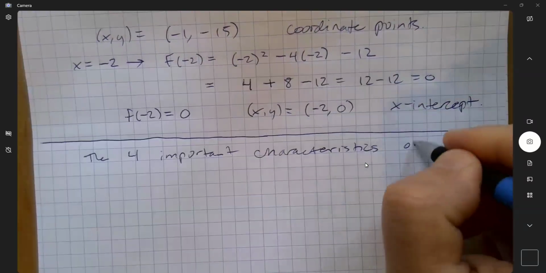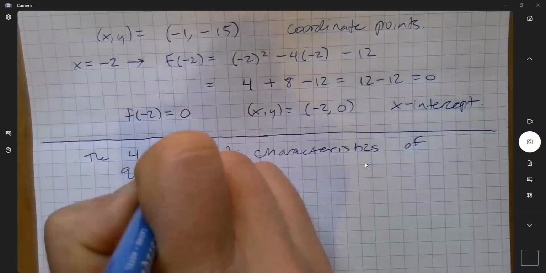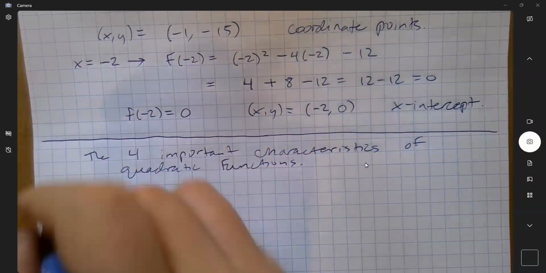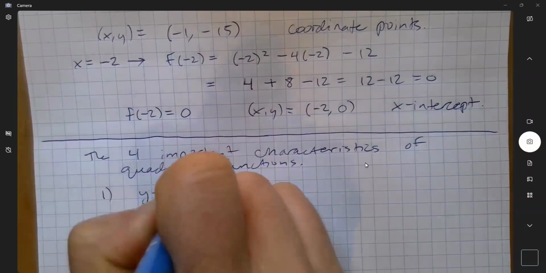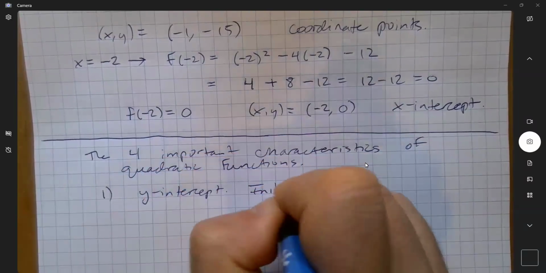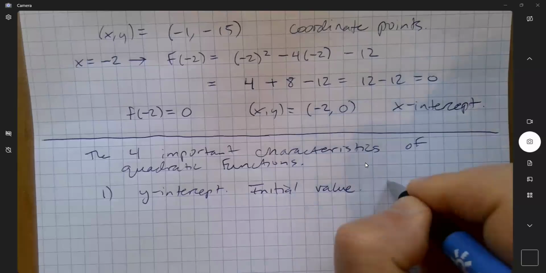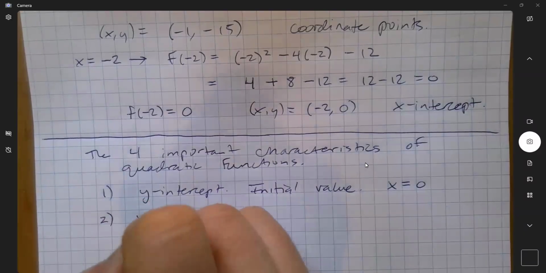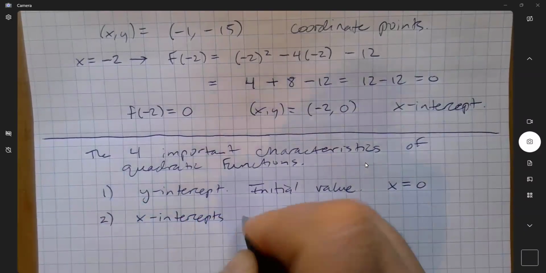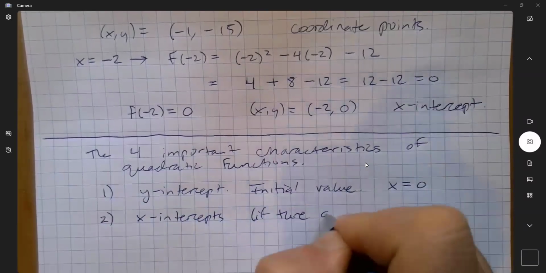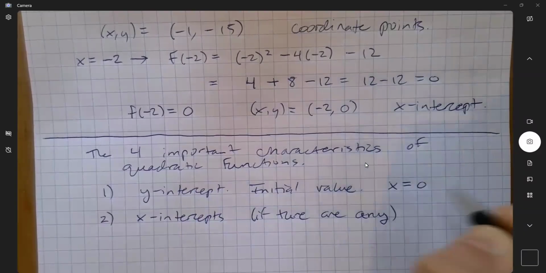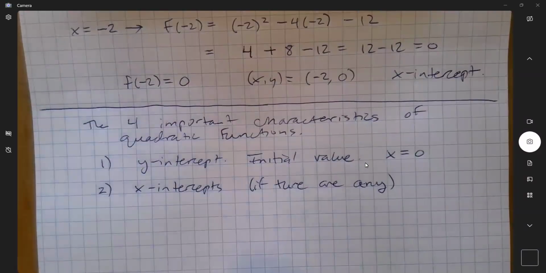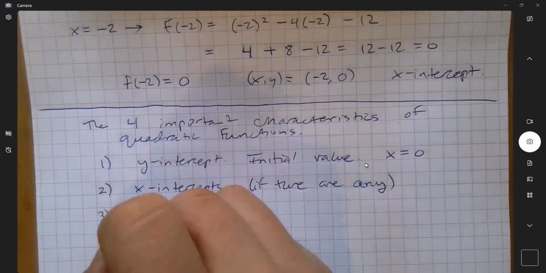The first one is the y-intercept, the initial value when x equals 0. The second one is the x-intercepts, if there are any. We've seen that there are plenty of quadratic functions that never touch the x-axis, so you might not have x-intercepts.